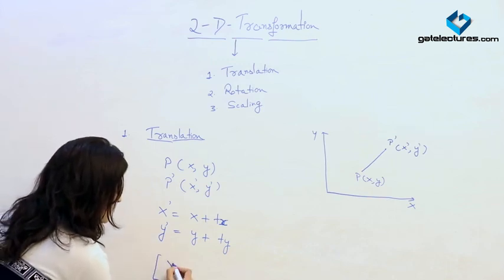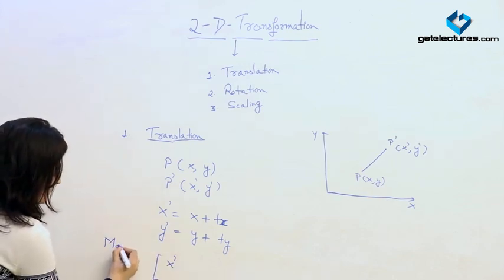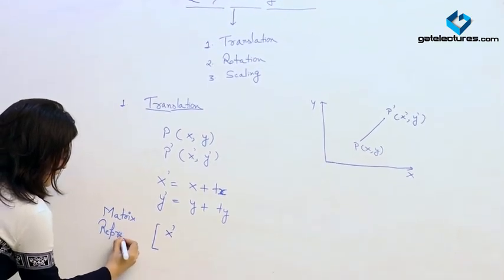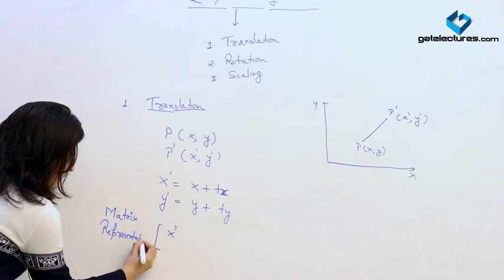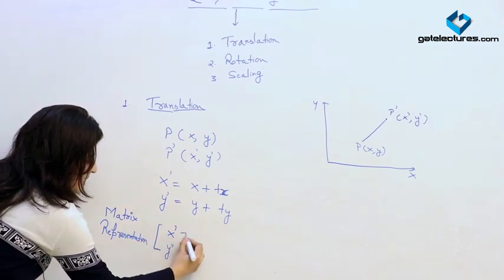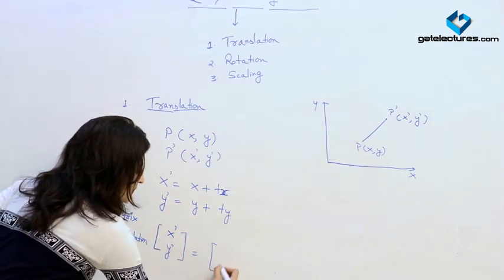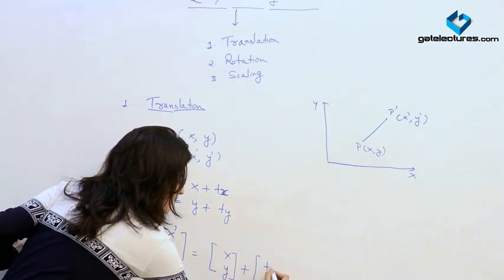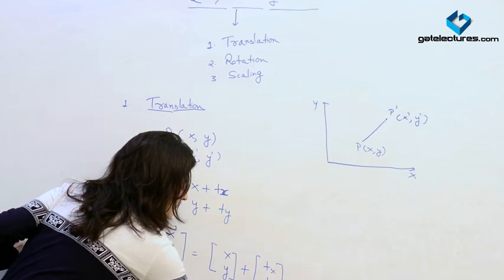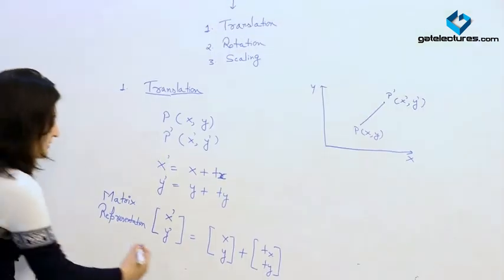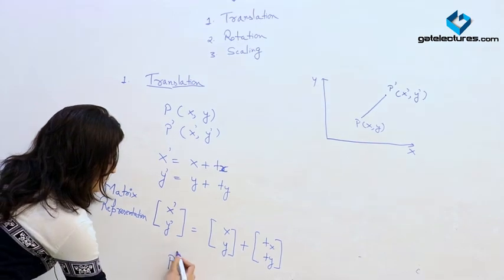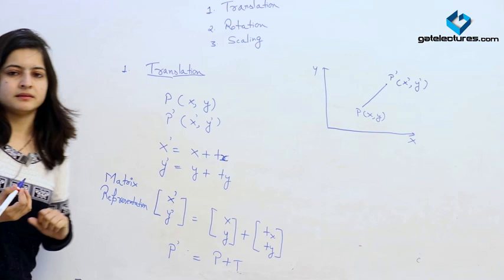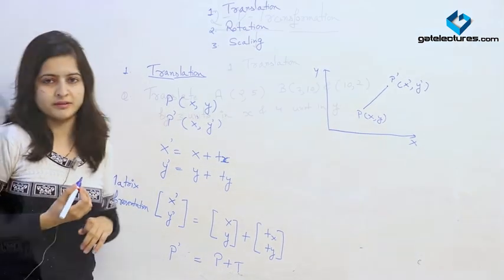So this is the matrix representation: x dash, y dash equals x, y plus tx, ty. We can directly write this as P dash equals P plus T.